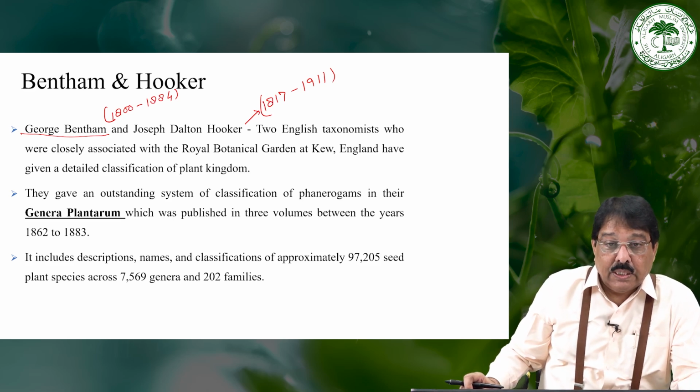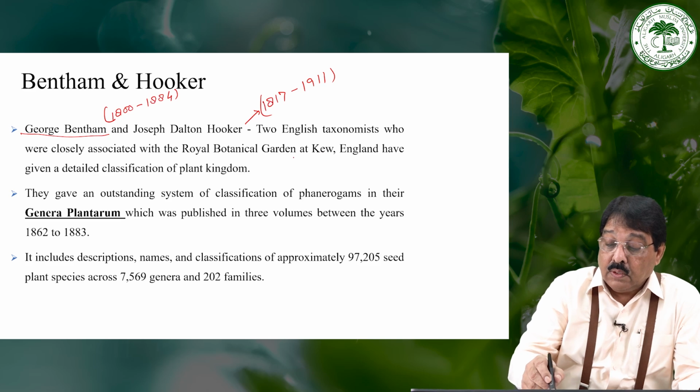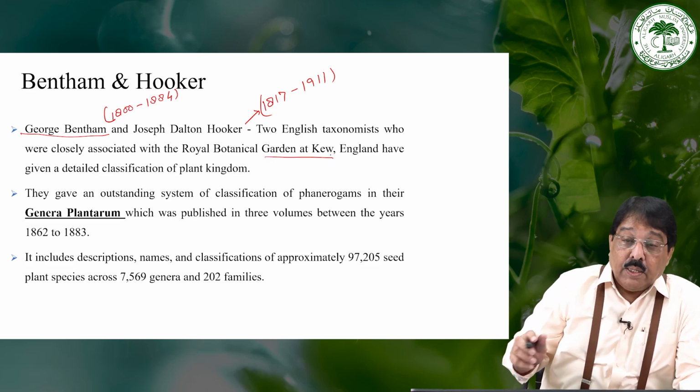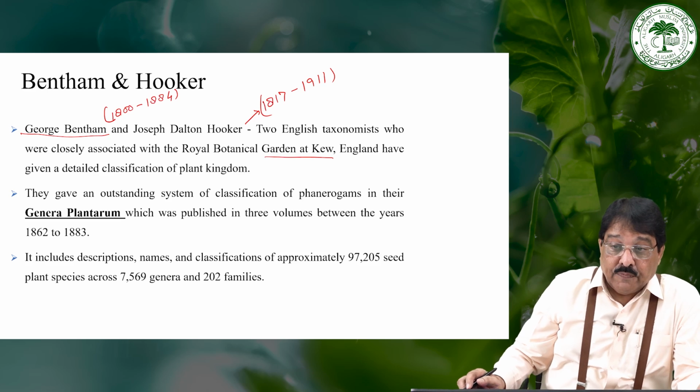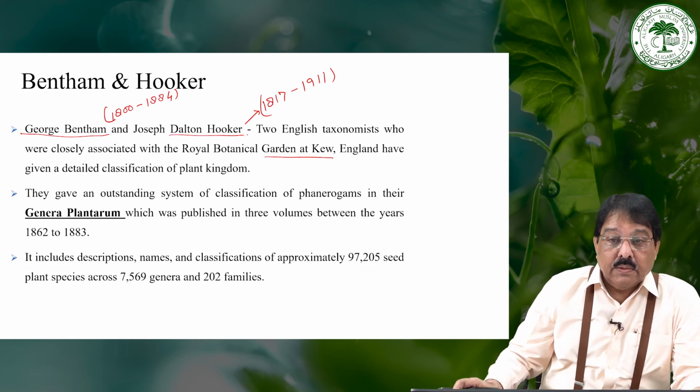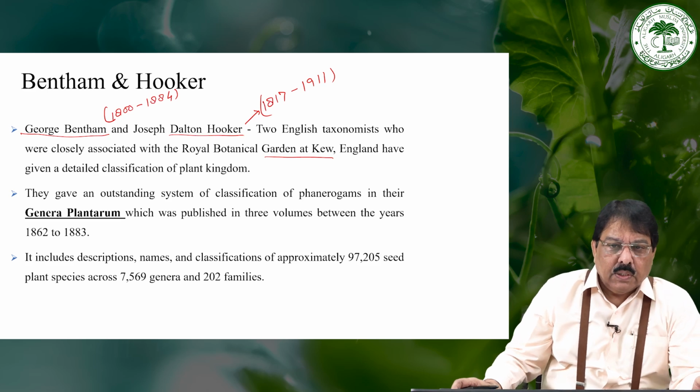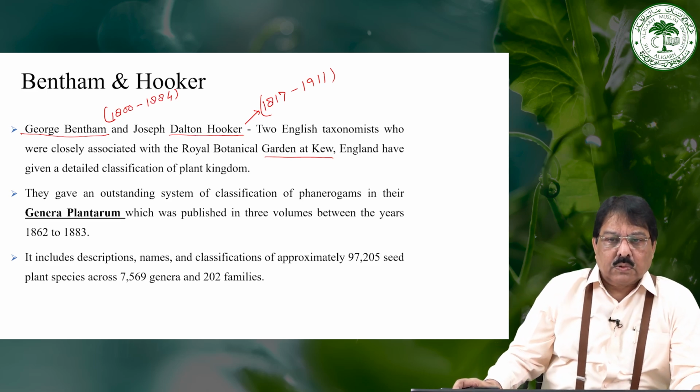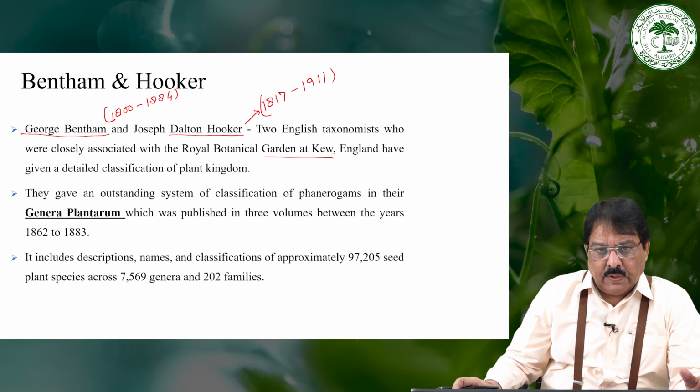They worked together at the Kew Garden and proposed a system of classification. Hooker became the director of the botanical garden, where his father William Joseph Hooker was also the director at that time.